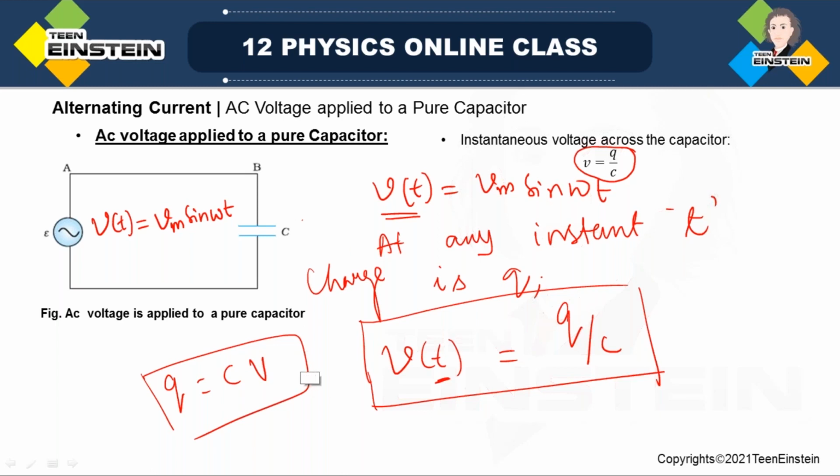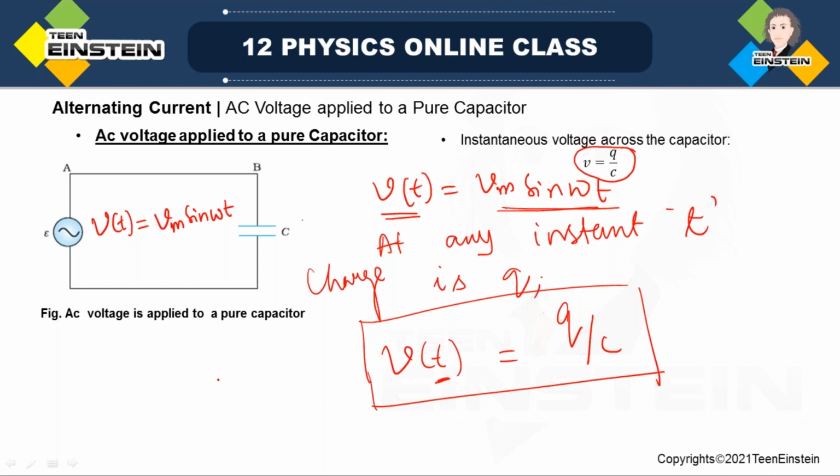From there I can write the voltage across the capacitor at any instant t if there is some charge accumulated in the capacitor: Q by C is equal to V. So far no problem. Now look at what we have to find out: the current. Before that, we will write what Vt is. Here V is the instantaneous voltage across this capacitor, which has the variation Vm sine omega t.